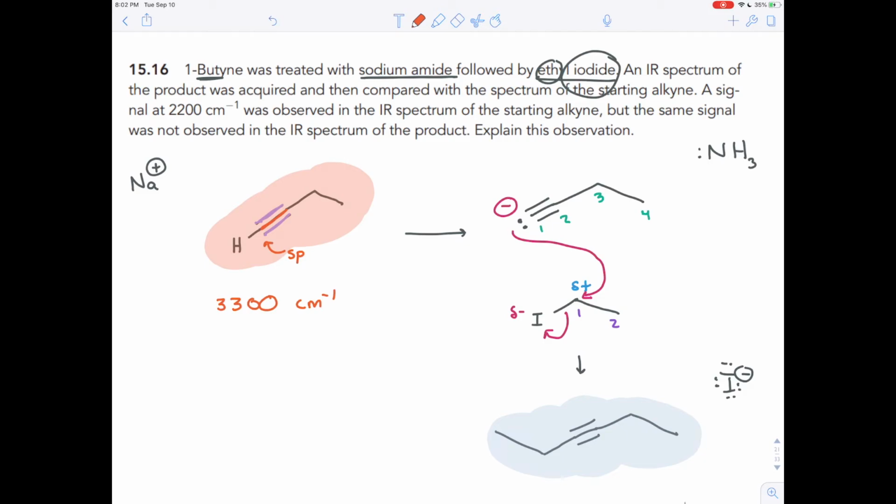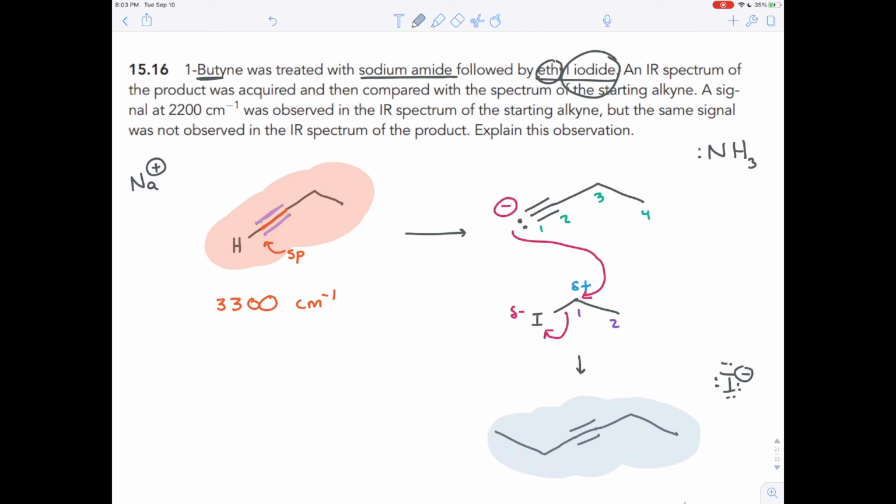And if you compare that with the other molecule, this one, the product, does not have that. Now you still have the sp hybridized carbons, but neither of these carbons are bonded to hydrogens, and it's the hydrogen bond that absorbs at that wave number. And so you can distinguish between these two by seeing whether you have this shadow or not.